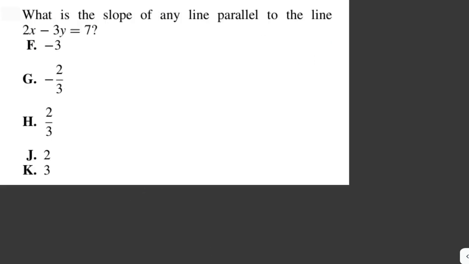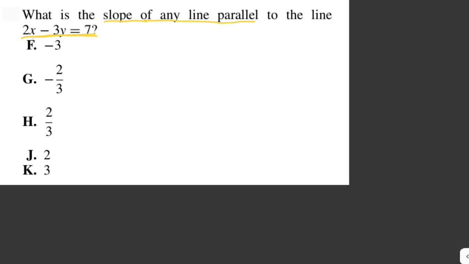What is the slope of any line parallel to the line 2x minus 3y equals 7? So we're given the equation of one line, and we are asked for the slope of a second line parallel to this line. Two parallel lines always have the same, or equal, slopes.